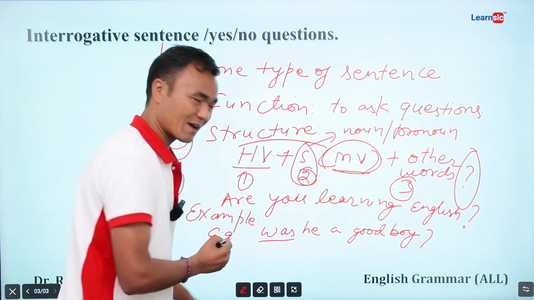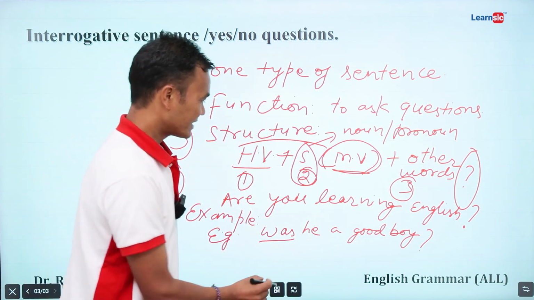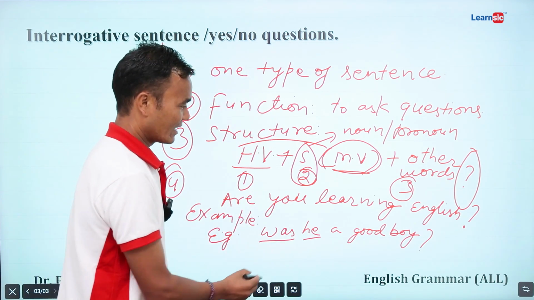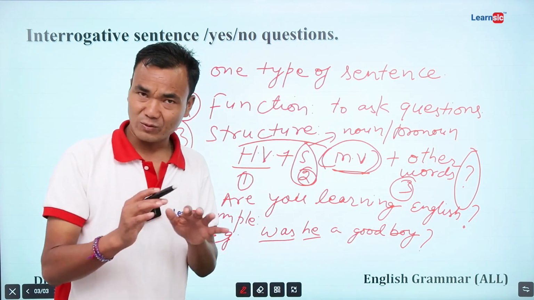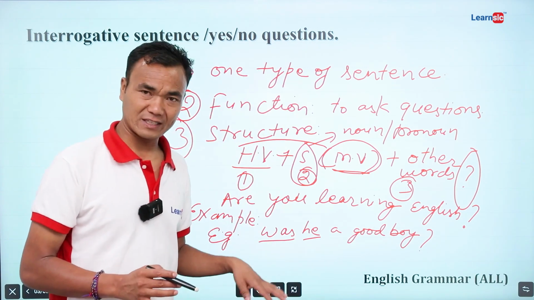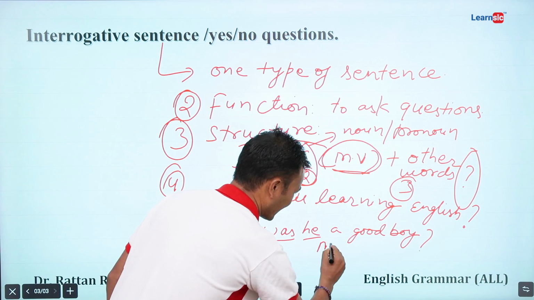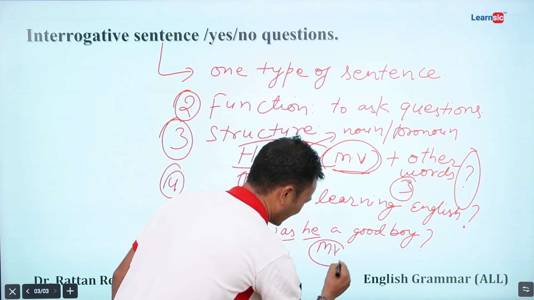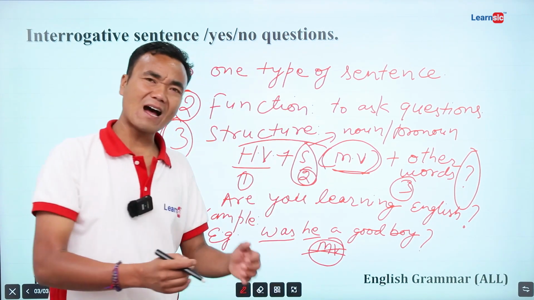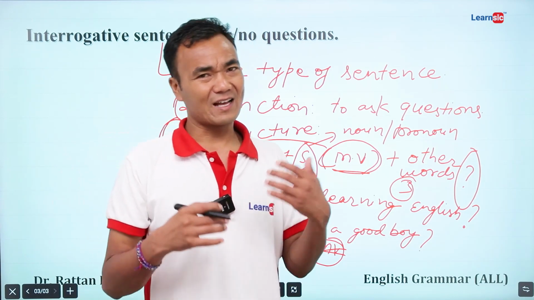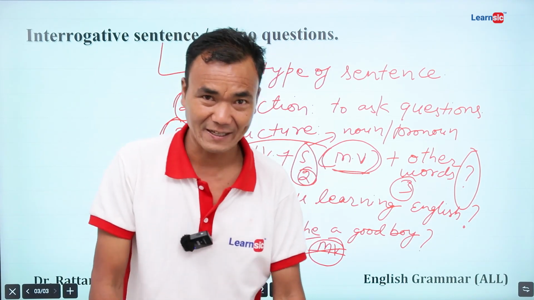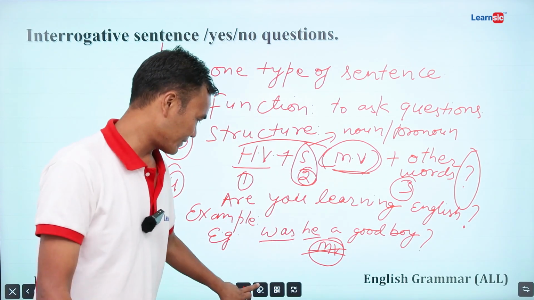Was is an example of a helping verb. Subject is he. A good boy, other words. They are the examples of other words. So we do not have a main verb here, no B1, no B2, no B3. And without a main verb, you can ask questions. Don't worry about it. So this is the fantastic one.